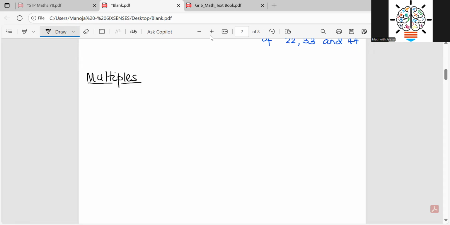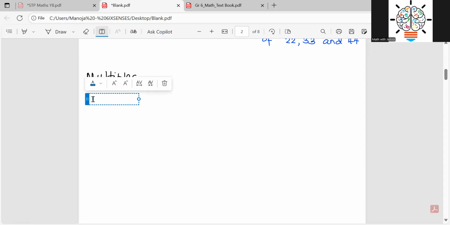All the numbers 1, 2, 3, 4, I multiplied by 2. If it is the 8 multiplication table, 8 times 1, 8 times 2, 8 times 3, 8 times 4. Likewise, I multiply a number by different counting numbers to get the multiples of that particular number, right?